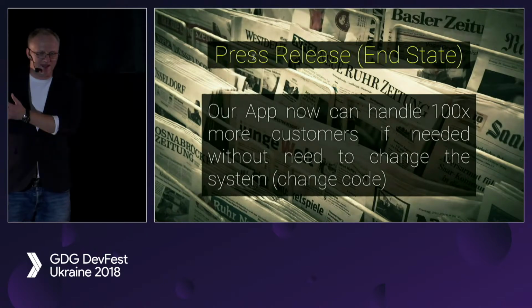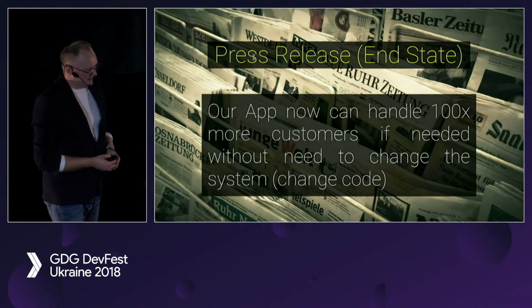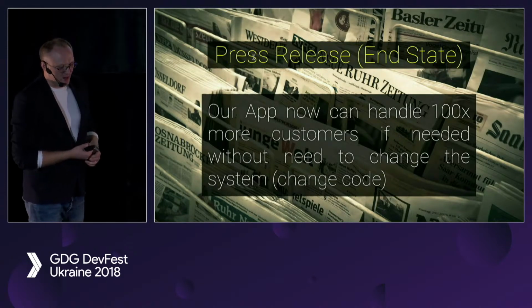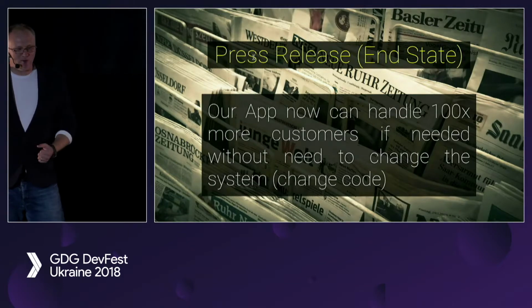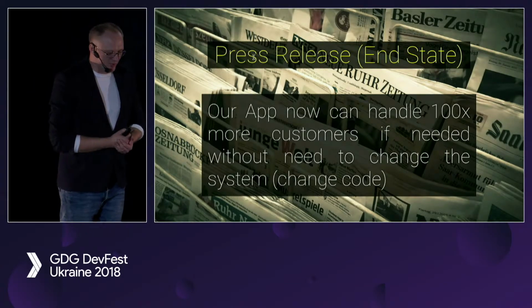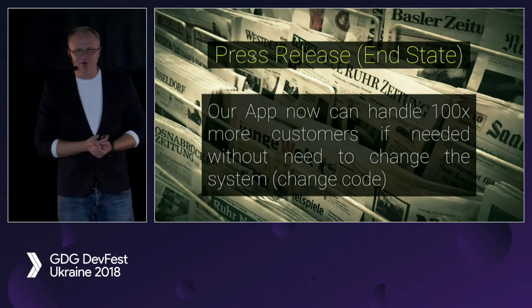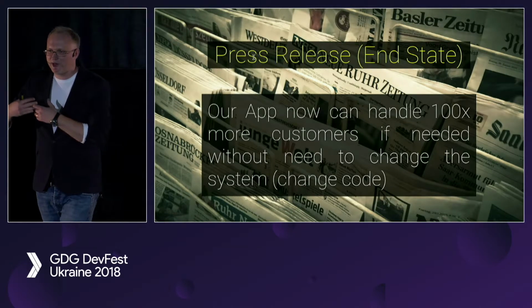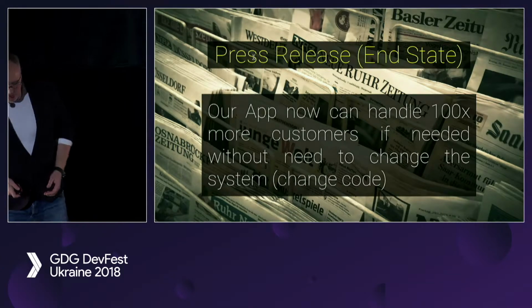So you start with the endpoint. In the case of scaling, you say, okay, our app now can handle 100 times more customers if needed without any need to rewrite code. So you imagine like you already achieved this point.